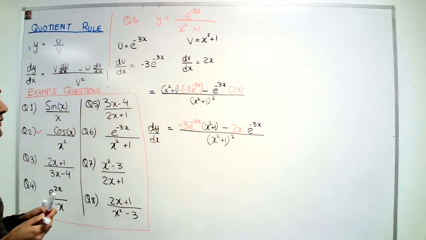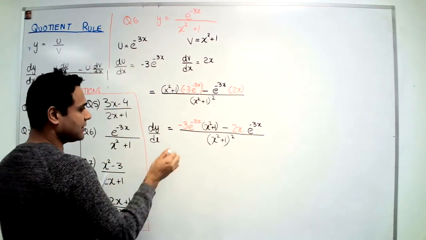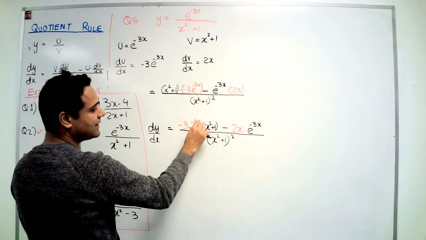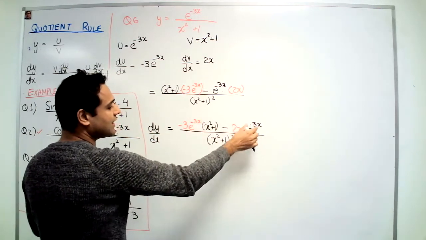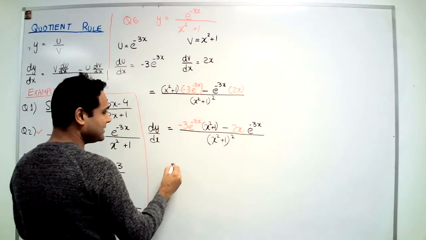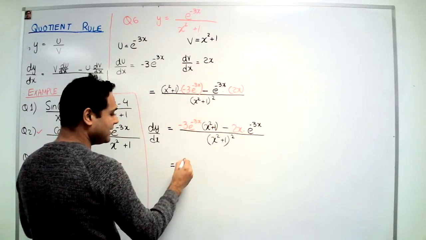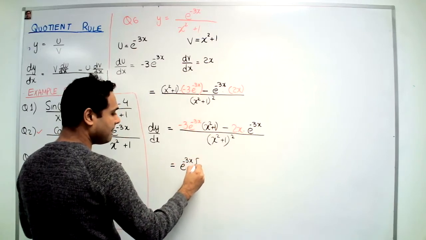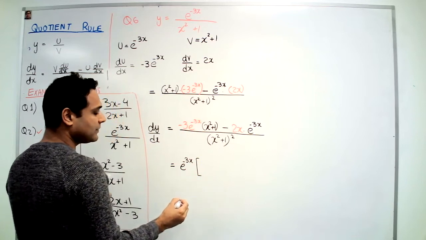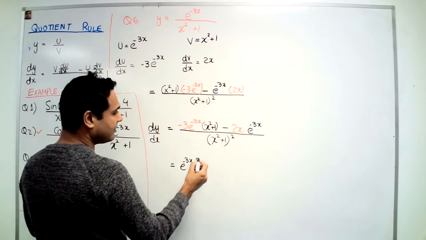You can do one more step to simplify, and that will look like this, because if you see e to the minus 3x and e to the minus 3x, they are common here. So you can take e to the minus 3x common. And then what's left?